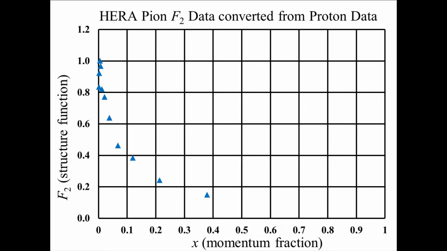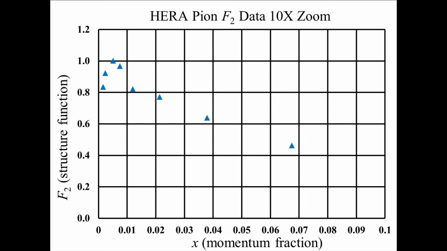Restoring the x-axis to a linear scale and zooming in on the region of the curve containing the peak gives the curve shown.